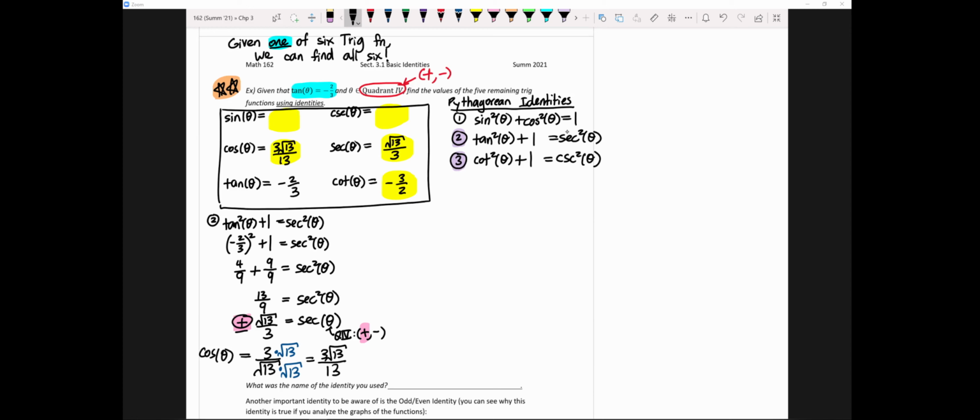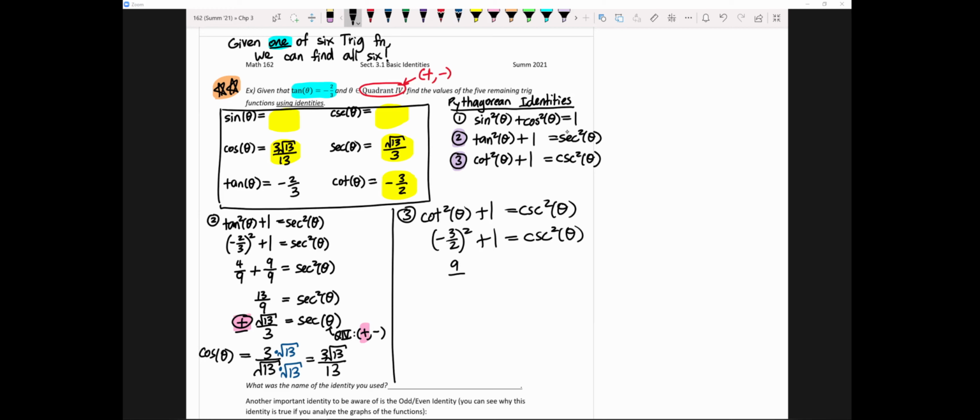That's right. Okay, so next, let's go ahead and use the third Pythagorean identity to find cosecant. So the third Pythagorean identity tells us that cotangent squared plus 1 is equal to cosecant squared. Okay, so cotangent of theta is -3/2. Plug that into our identity, and now we're going to solve for cosecant.